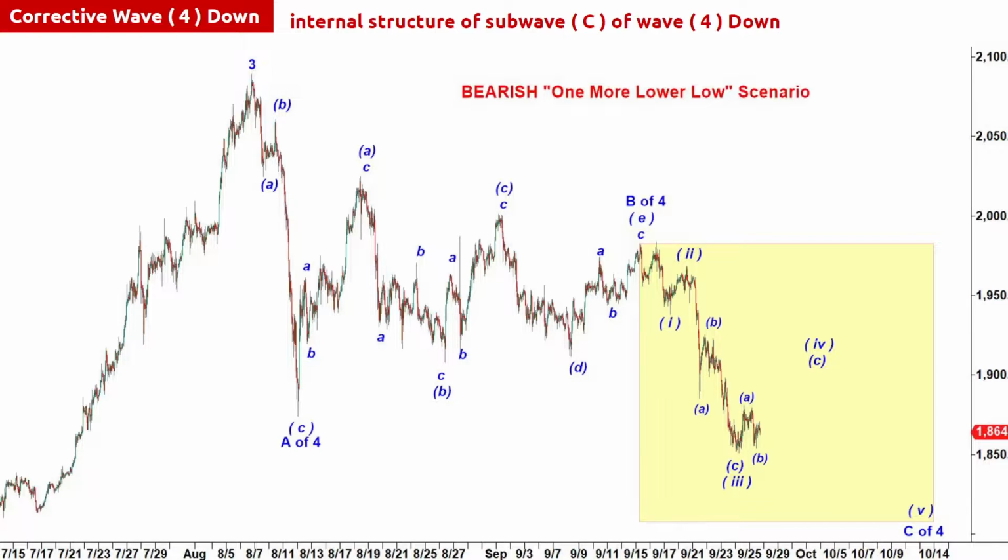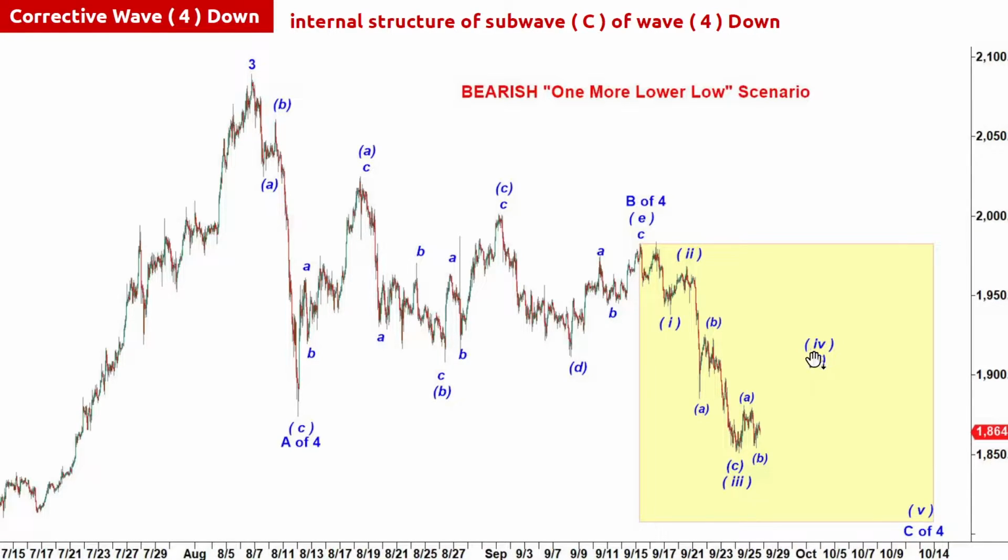And in this video, I'm going to show you how you would approach that problem when you have two different scenarios, both could be valid at that point, and you had to make a trade, but you could not because those two scenarios suggested very different outcomes.